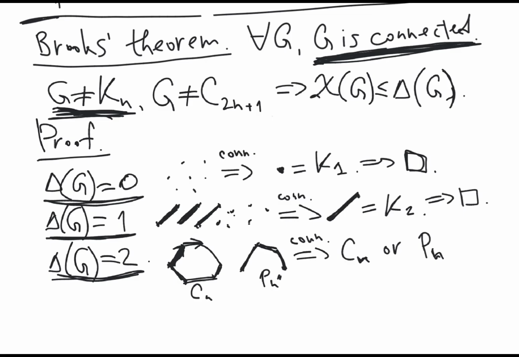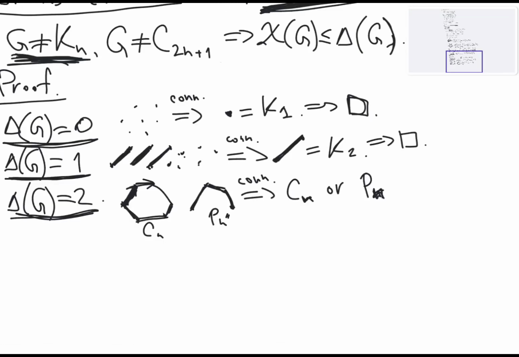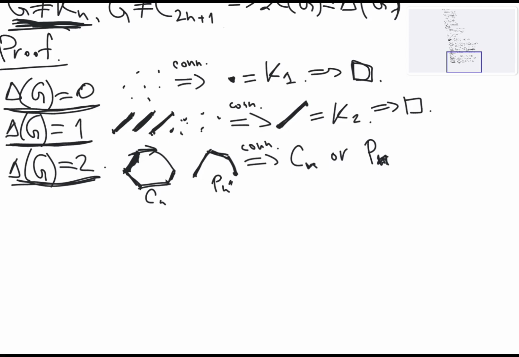So Cn or Pn, and for both of them, if it's a path, let's consider these two cases separately. For a path on n vertices, and Cn is a cycle.